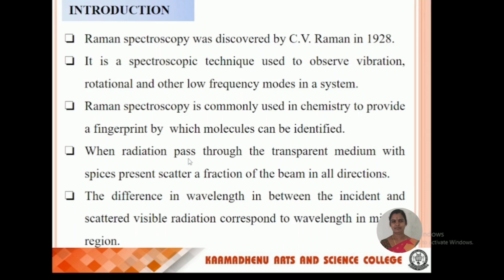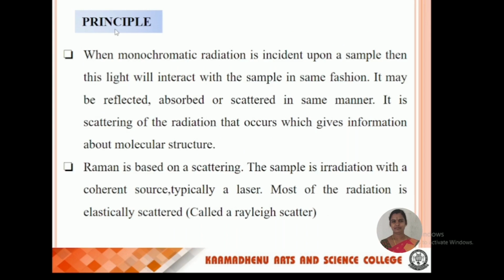When radiation passes through a transparent medium, the species present scatter a fraction of the beam in all directions. Then the difference in wavelength between the incident and scattered visible radiation corresponds to wavelength in the mid-IR region. IR means infrared region.